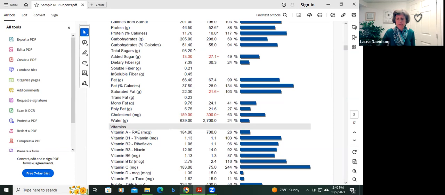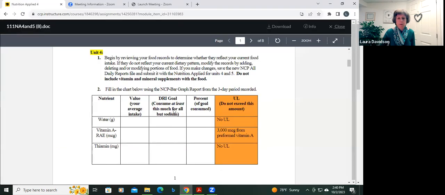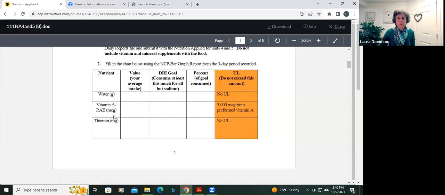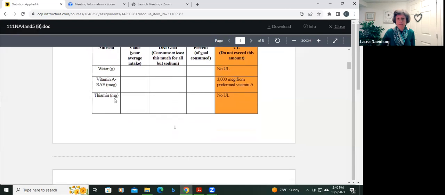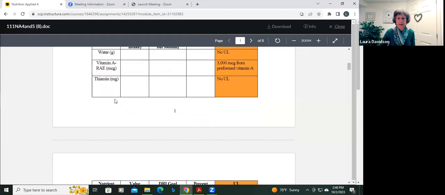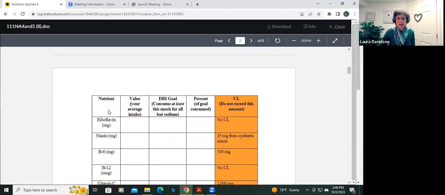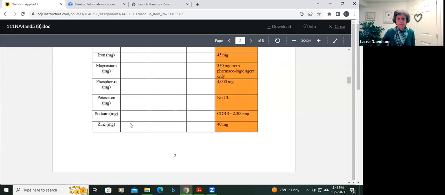And if you look at this, you'll see that the units are in there. Okay, so you can see that the units are specified. It's really not a bad idea to write the units anytime you write an amount, because that keeps reminding you of what those units are. Okay, so that's easy. Just copy from the bar graph report.